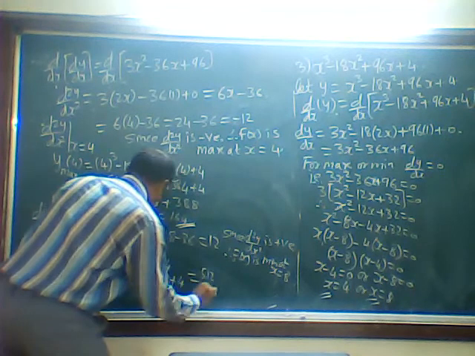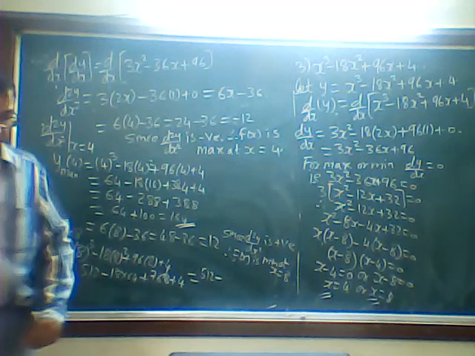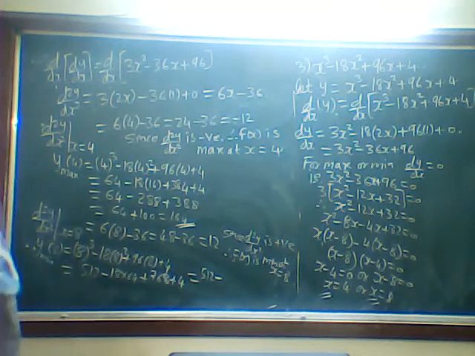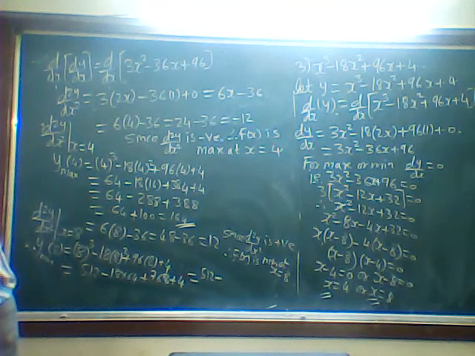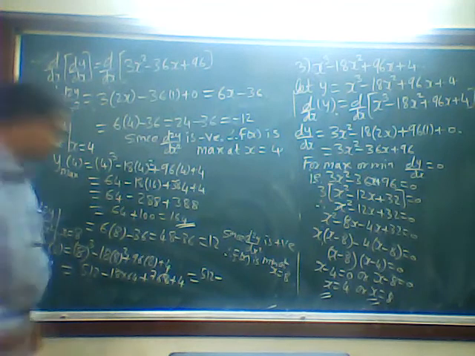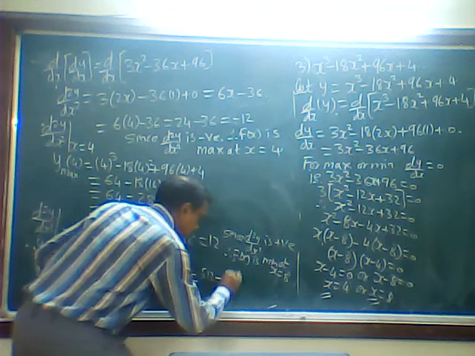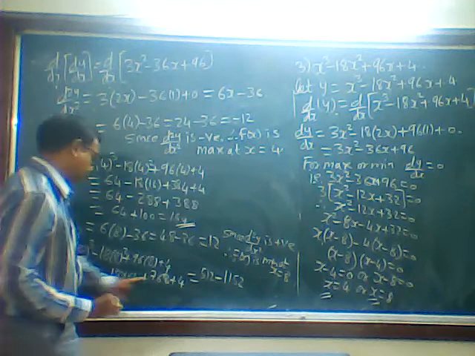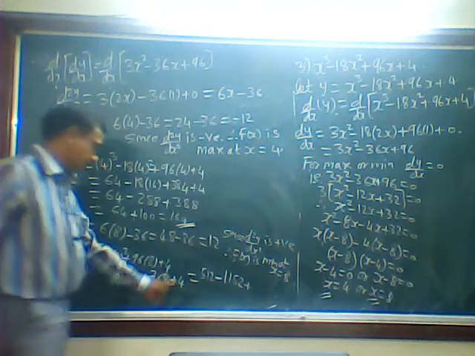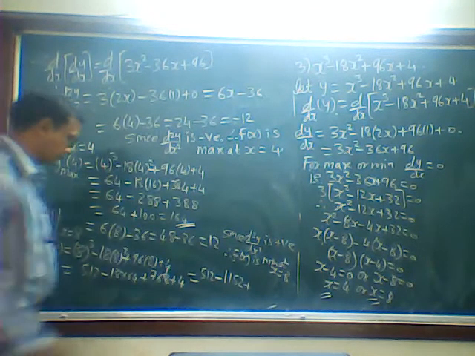512 minus 18 into 64. 18 into 64, 1152. Okay, 768 plus 4 is 772.